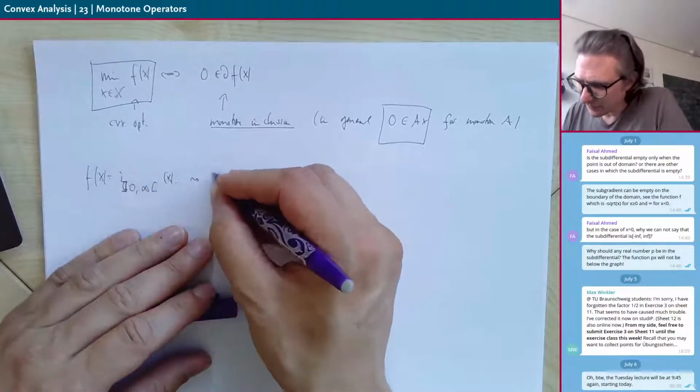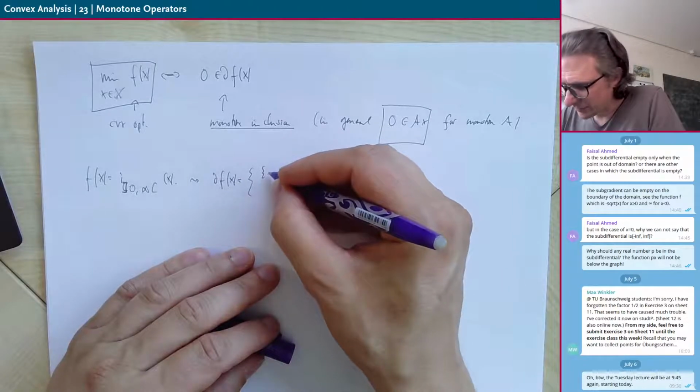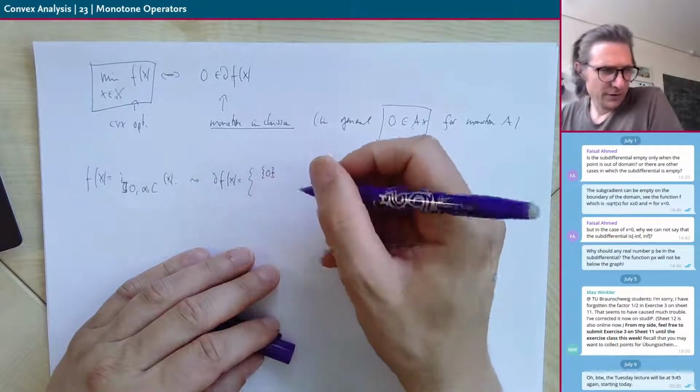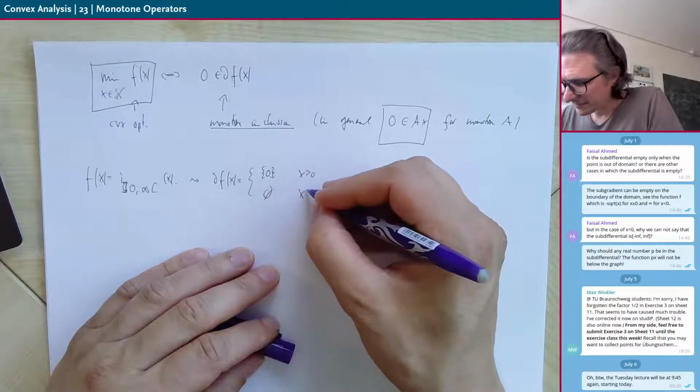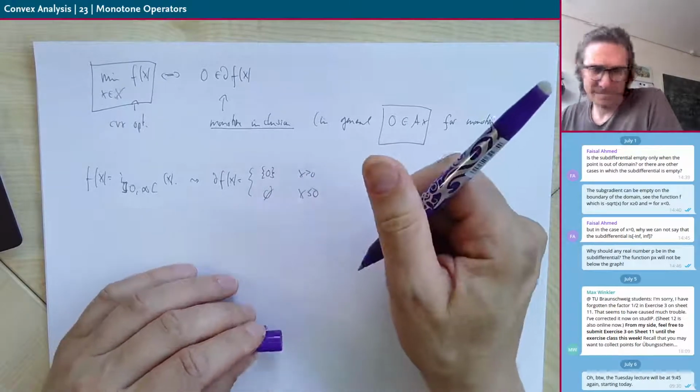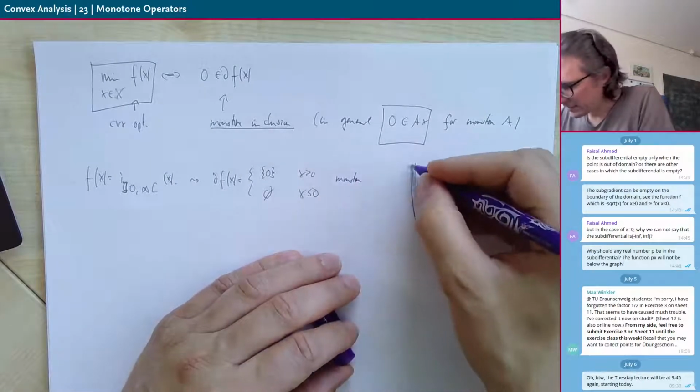Then the subgradient of this is either the set which contains 0 if x is positive, or it's the empty set if x is non-positive. So this is monotone. Let's depict it here.